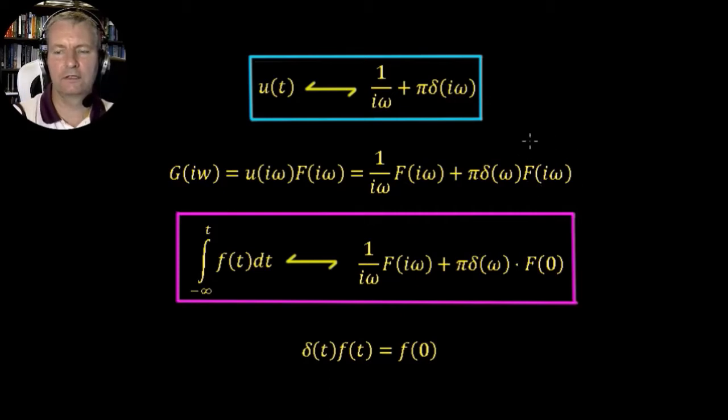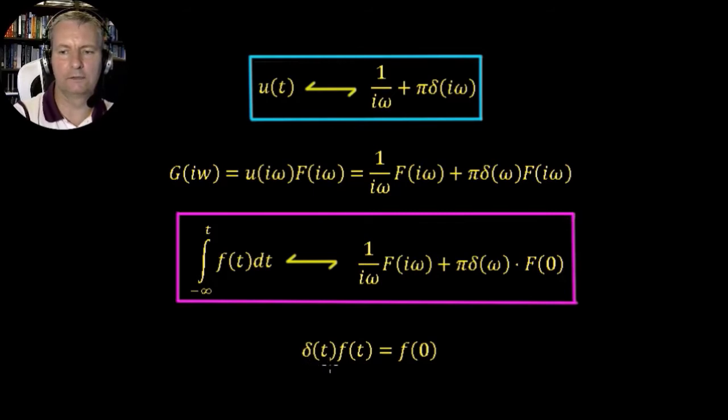Now this last term, delta omega F of i omega, well, the delta function is only defined at point 0, okay? So if we multiply that by a function, then really from the shifting property, delta omega F of i omega is the same as delta omega F of 0. So that's the shifting property there.